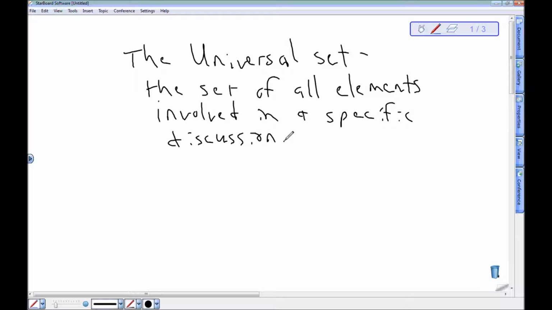So when I talk about the universal set, I'm talking about a specific example or specific thing I'm working on.